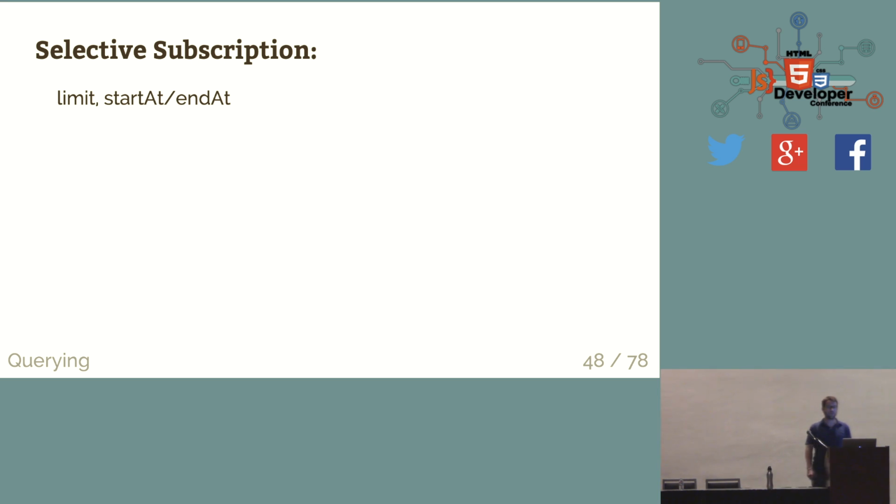Limit just determines how many children we'll be looking at a time, and start at and end at are a way to filter based on priority. I said that priority metadata is, I think, kind of a misnomer, because it is more than just ordering. It's about the only primitive that we have in order to be able to filter.